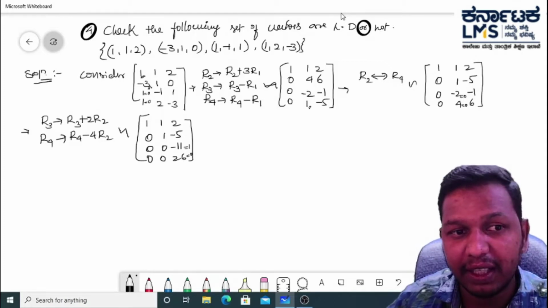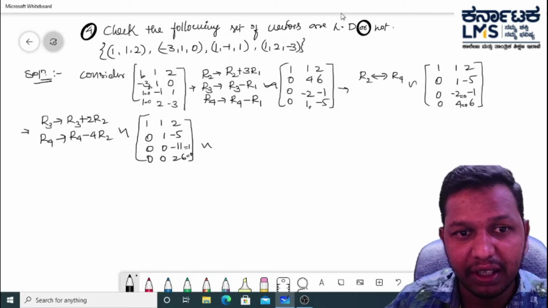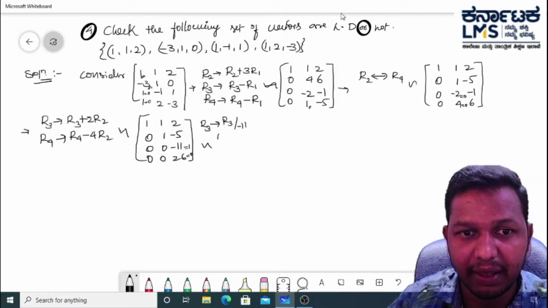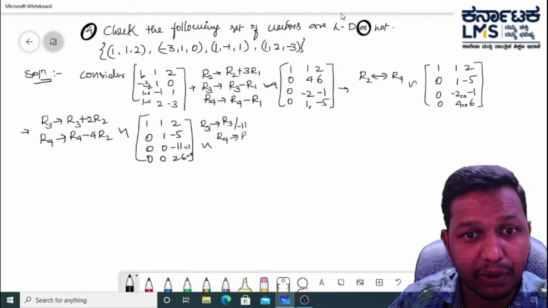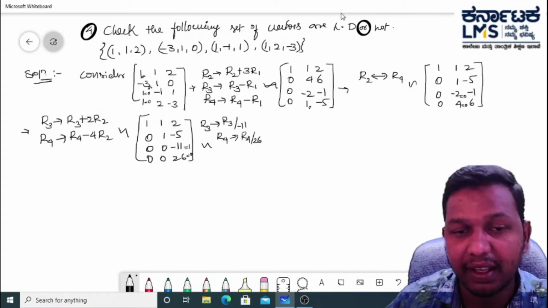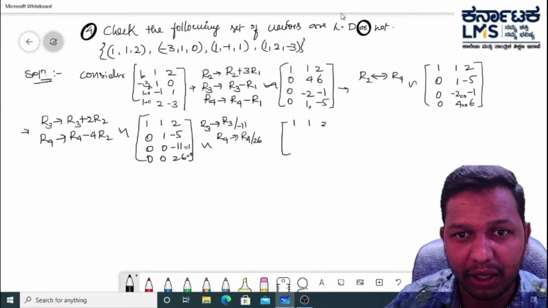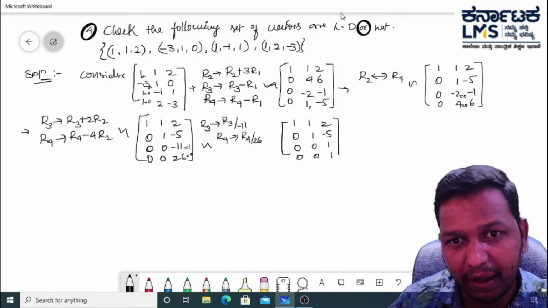Next, we have to make the leading entries 1. Therefore, I apply elementary operations: R3 changes to R3 divided by minus 11, and R4 changes to R4 divided by 26. I get the equivalent matrix 1 1 2, 0 1 minus 5, 0 0 1, 0 0 1.